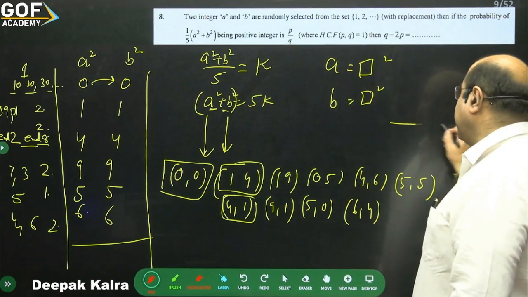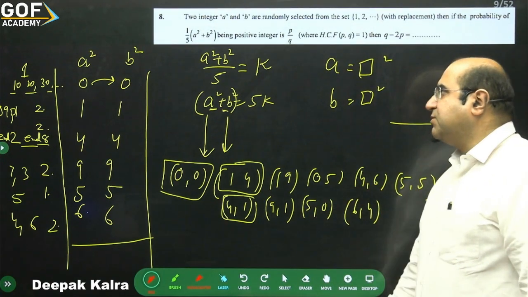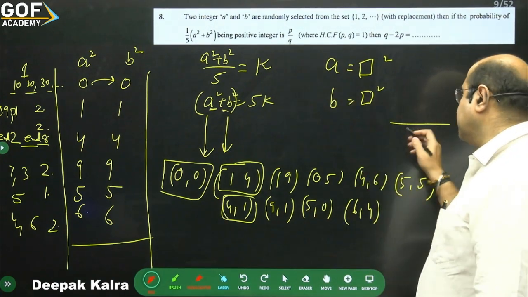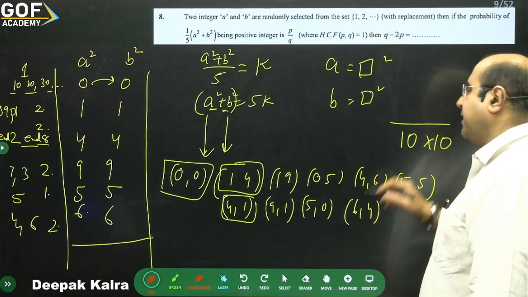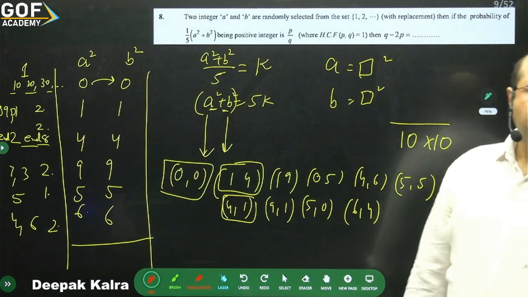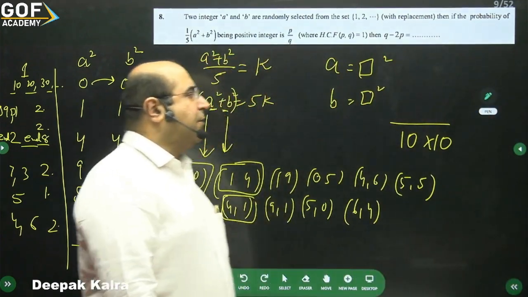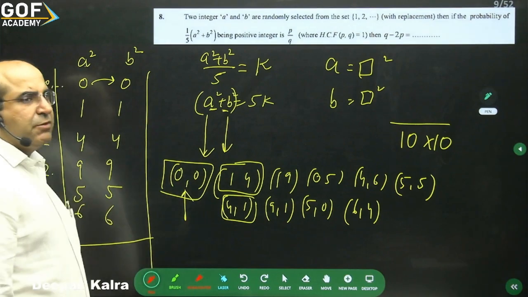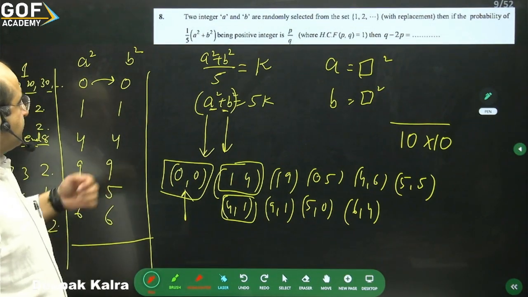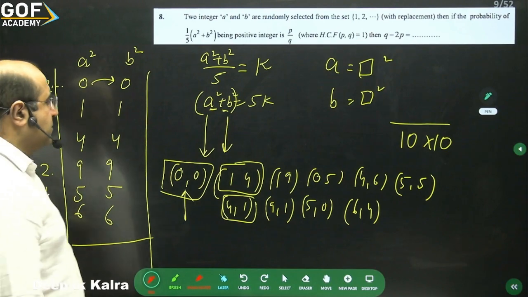Out of those 10 cases, we need to check what happens for getting this. A is taken of 10 types, B is taken of 10 types. Out of those 10 possibilities, I have to see how many times it will come 0, 0. So one case, 1 cross 1.